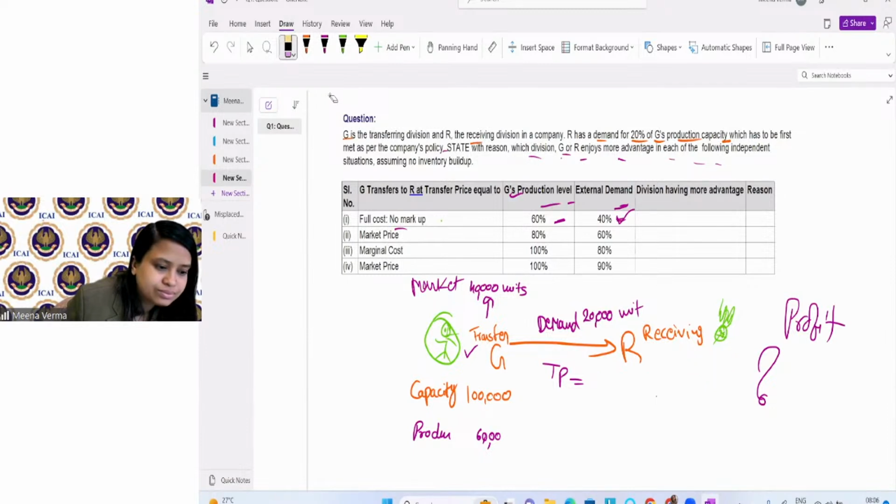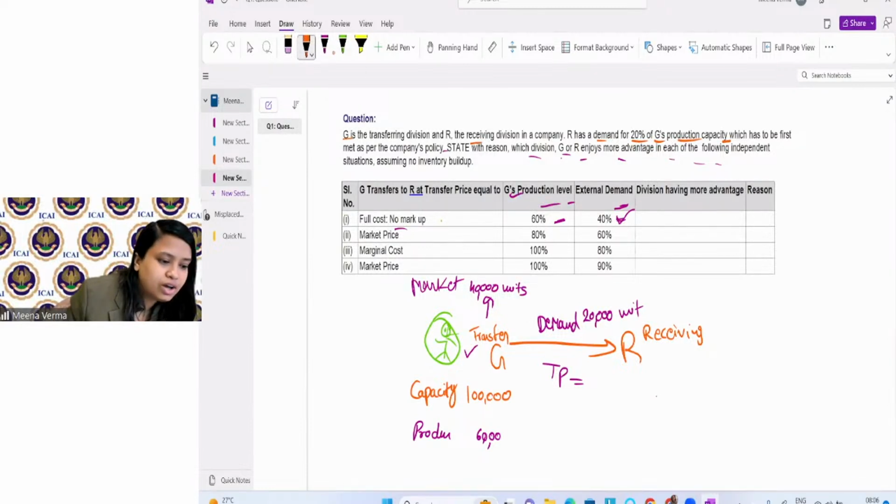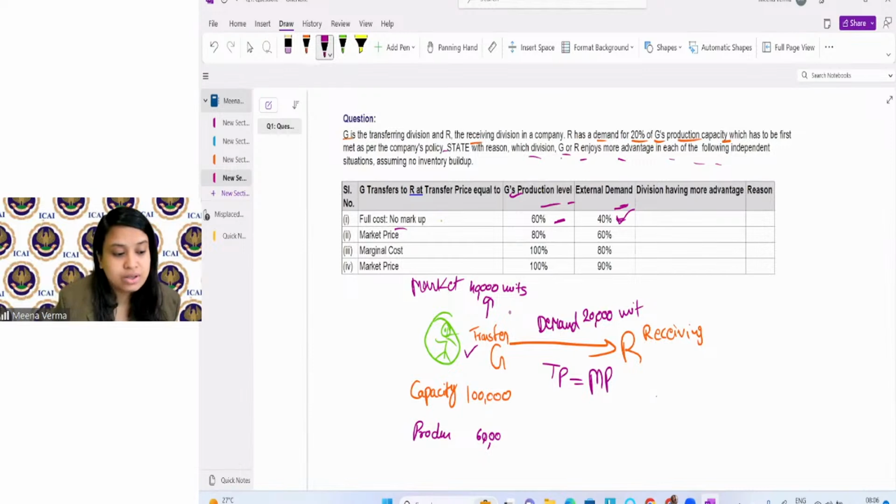Second scenario: market price is the transfer price. The transfer price is the market price. Now, market price means the manager of G, this department manager, is recovering the variable cost. He is recovering the opportunity cost, which is the fixed cost, as well as profit. He is recovering everything here.